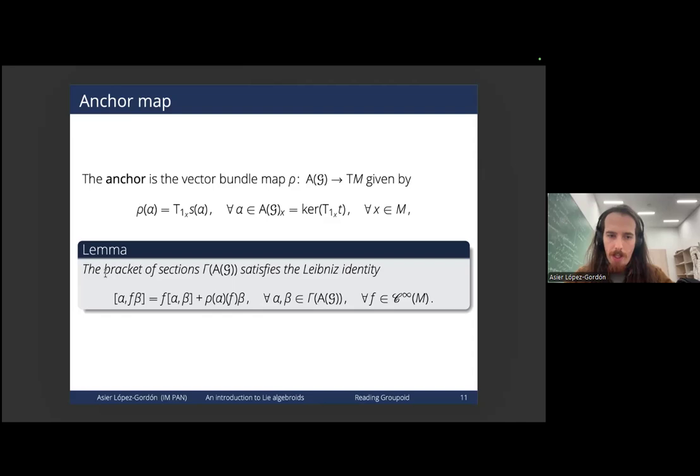And we can define a bracket of sections on the space of sections of this vector bundle, which satisfies a Leibniz identity in the following sense.